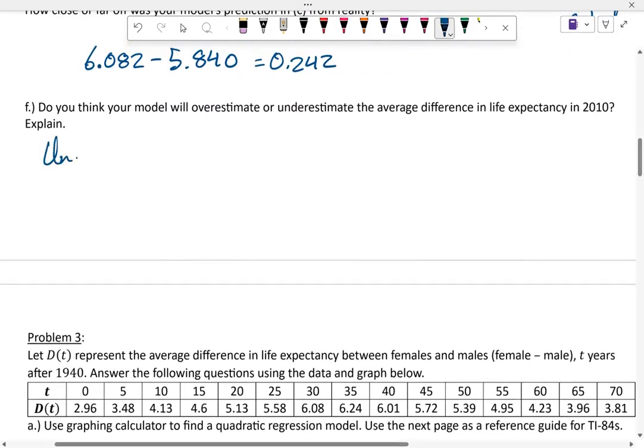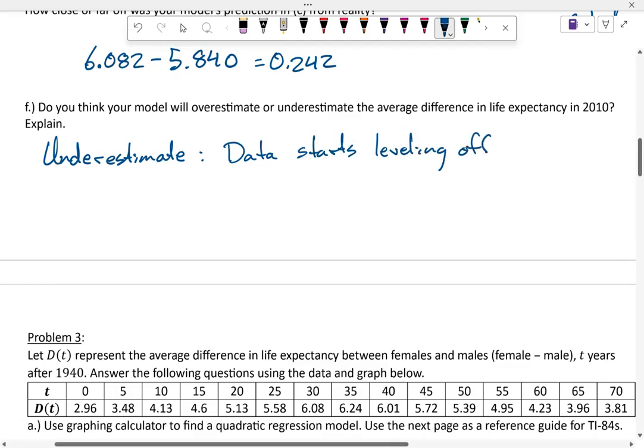Now, they asked us to explain. So, an explanation that we could say is that the data starts leveling off after 2000. We saw that. We see that in our data. After 2000, our quadratic is no longer a very good model.